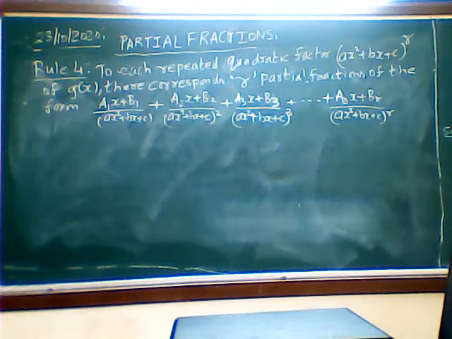So this is how it is resolved for a repeated quadratic factor (ax² + bx + c) raised to r of g of x.